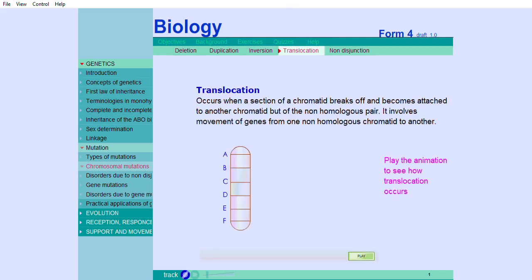Translocation occurs when a section of a chromatid breaks off and becomes attached to another chromatid but on the non-homologous pair. It involves movement of genes from one non-homologous chromatid to another. Play the animation to see how translocation occurs.